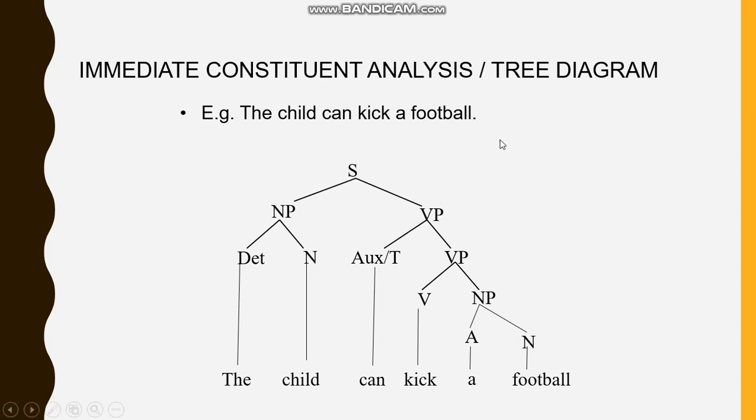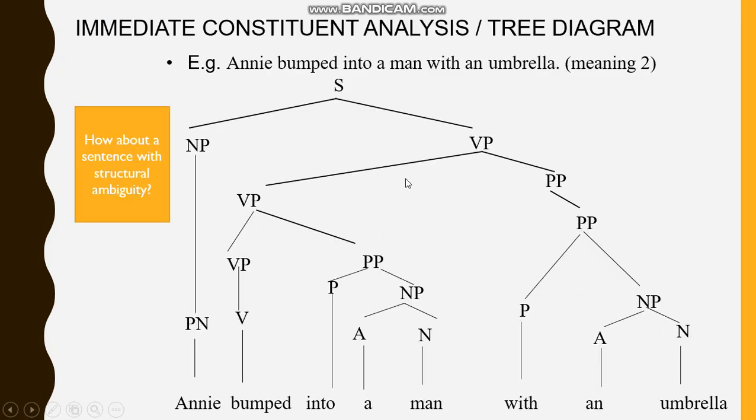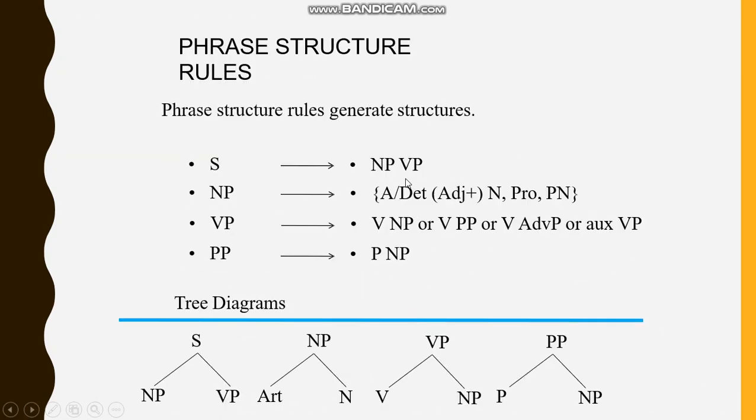In order to do the immediate constituent analysis, you have to remember the rules. A sentence has a noun phrase and a verb phrase. A noun phrase can be article and noun, determiner and noun, article, adjective and noun, determiner, adjective and noun, and then we have pronoun and proper name.